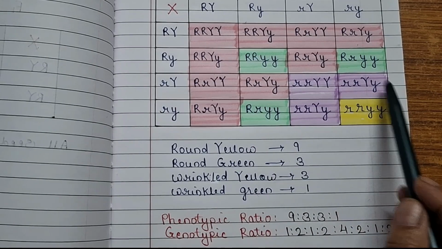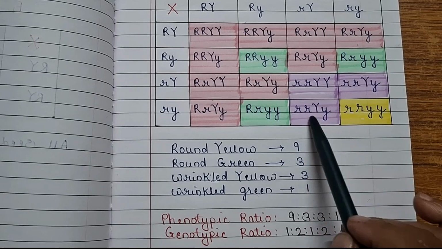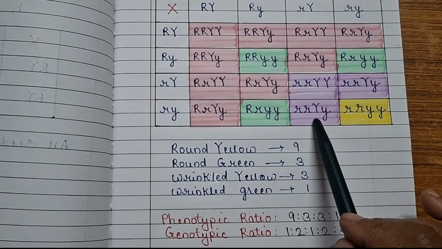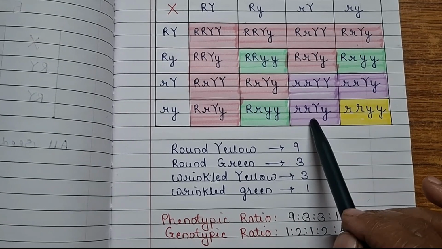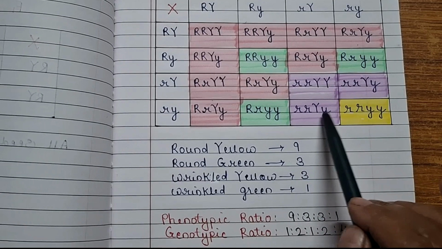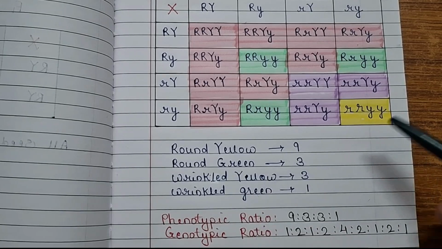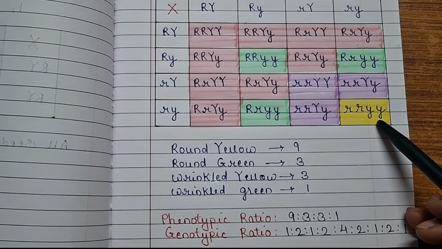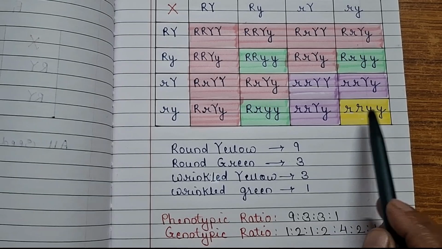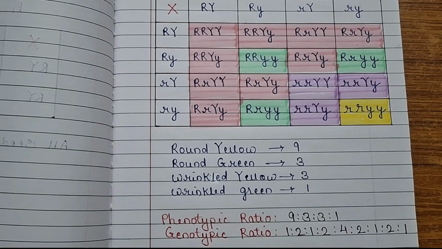The next ones shaded in purple color, both the R are small, means the seed is wrinkled, and Y is capital, so it is yellow. So these 3 seeds are wrinkled yellow. And the last block shaded in yellow color, both the letters are small, means the seed is wrinkled and green. Now if we write the phenotypic ratio, the traits we get here, it is 9:3:3:1.